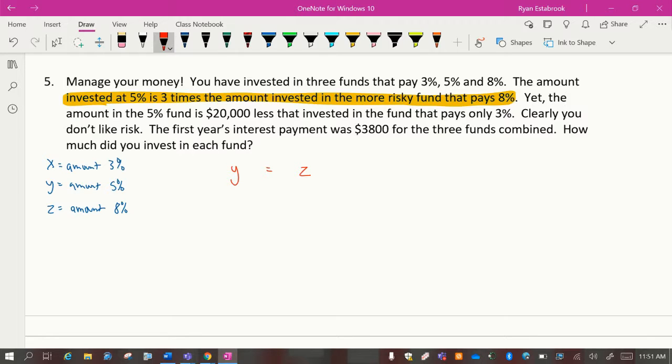So there's an equation relating y and z with each other. If I read that equation, which is bigger, the y or the z? Y. The 5% is 3 times bigger than the z, so y is 3 times bigger than the z.